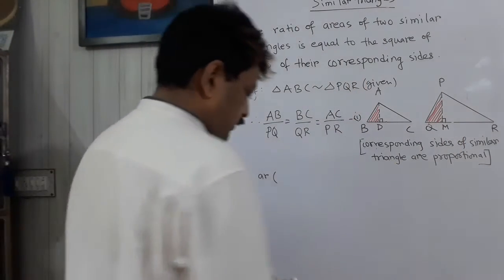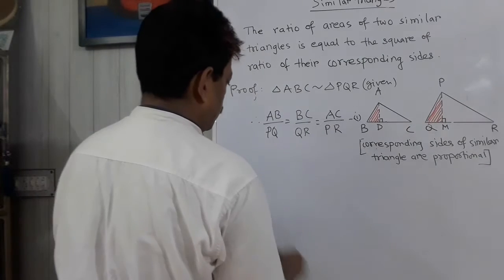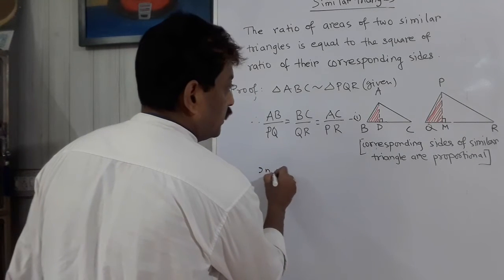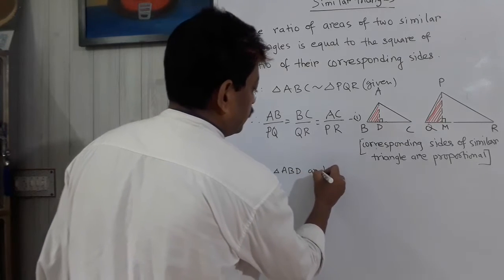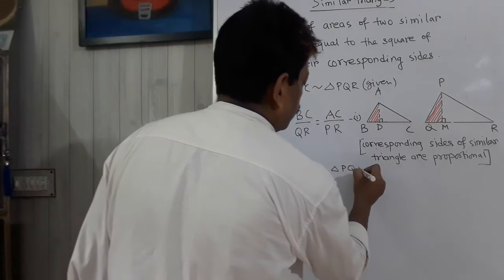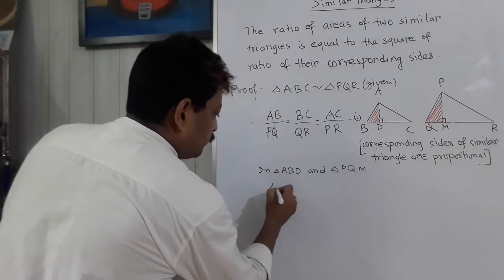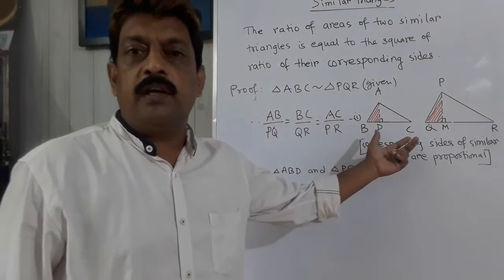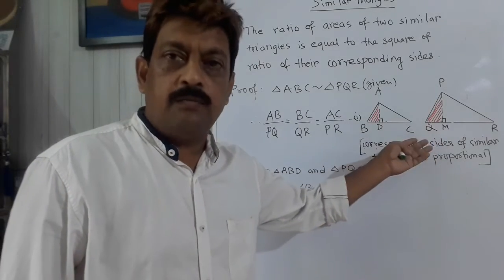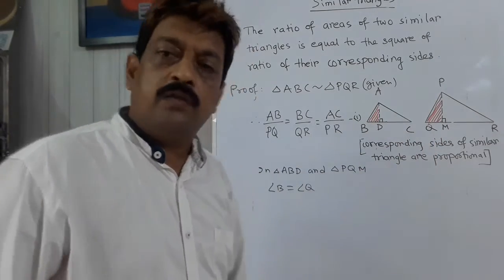First, let me prove that. So, in triangle ABD and triangle PQM, we can say angle B is equal to angle Q, because triangle ABC and triangle PQR are similar, so their corresponding angles are equal.